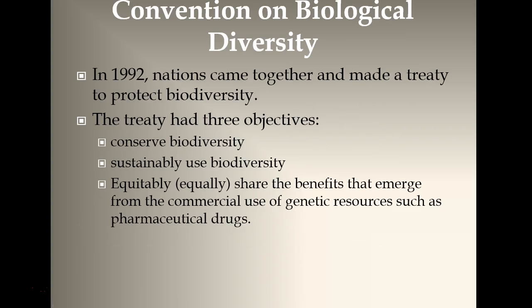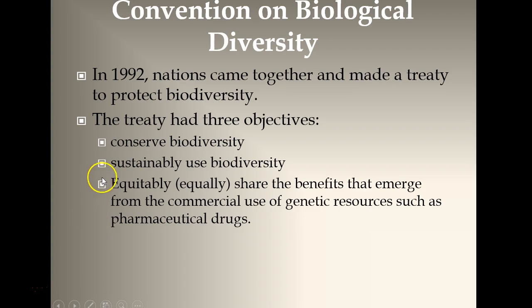In 1992, we had the International Convention on Biological Diversity. It was basically a bunch of countries coming together and saying we need to do something about biodiversity. It had three objectives: obviously conserving, sustainably using, and equitably sharing benefits from commercial use of genetic resources such as pharmaceutical drugs.